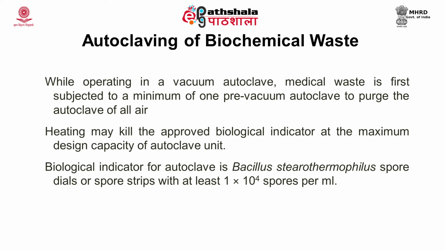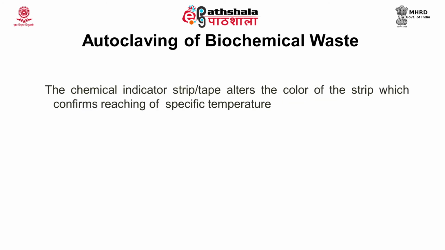They are called spore vials or spore strips with at least 1 x 10^4 spores per ml. Hence, the temperature must not be less than 121 degrees Celsius or the pressure must not be less than 15 psi. The chemical indicator strip or tape alters color, which confirms that the respective temperature has been reached.